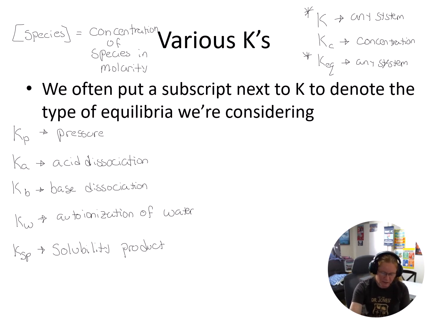So let's look at a couple of these. I said Ka was an acid dissociation, so here is an acid. These are for weak acids. There's only a few strong acids, which you should have memorized. Every other acid is a weak acid. And so what you've learned, hopefully you remember, is that weak acids only dissociate slightly.